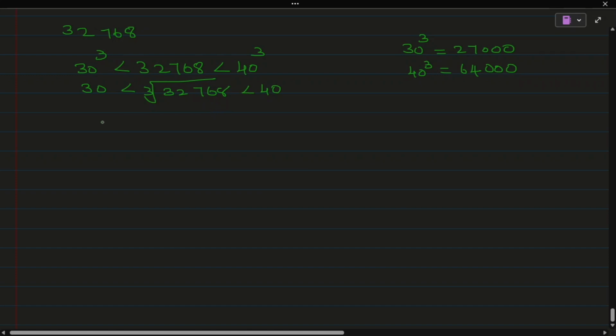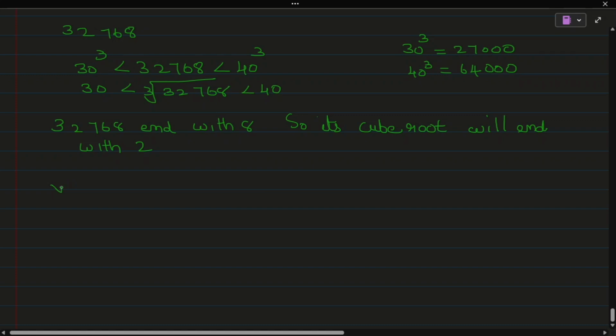And since this number 32,768 ends with 8, its cube root will end with 2. 2 and 8 are connected. Here the number is ending with 8, so its cube root will end with 2. And it is coming between 30 and 40.